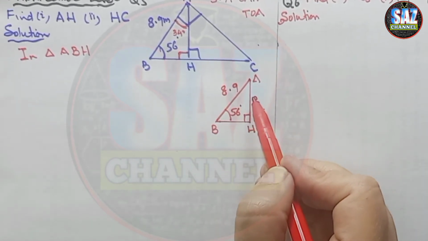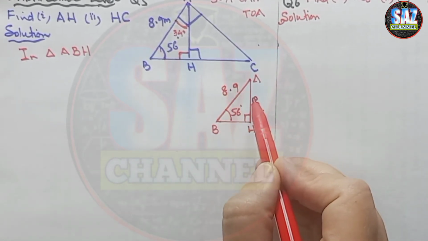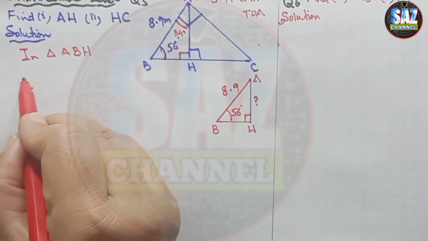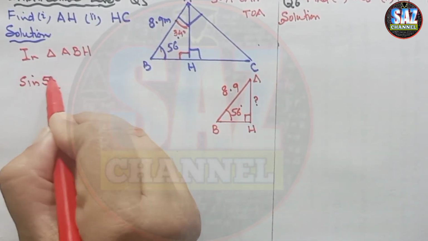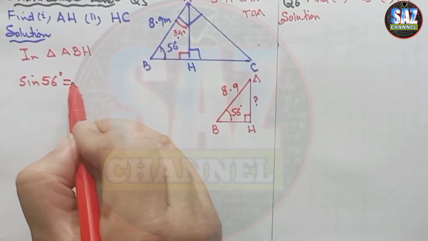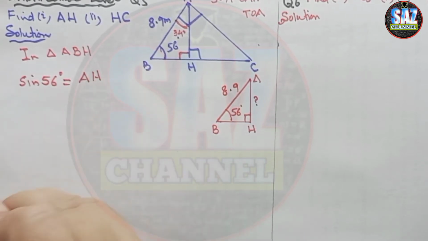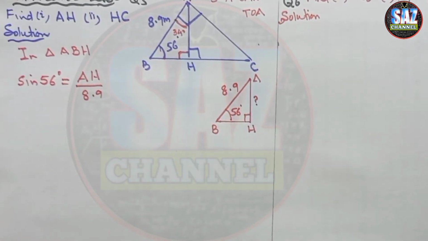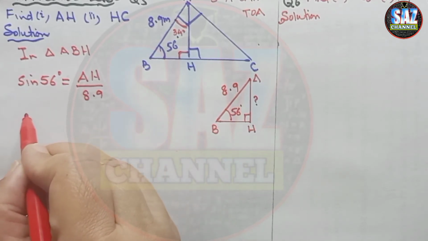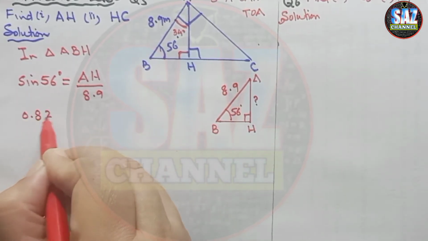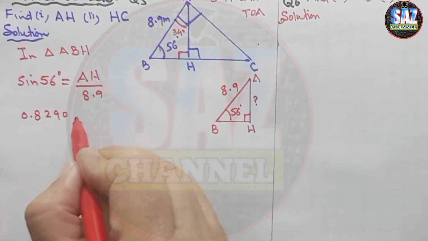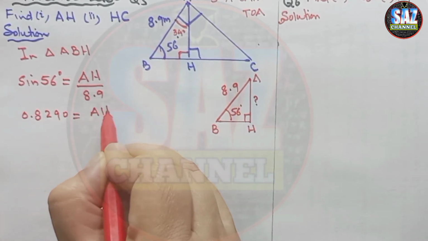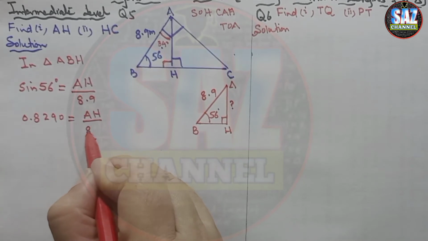Now see, opposite upon hypotenuse. So sine 56 degrees equals AH, which is the requirement, upon 8.9. Now what you have to do is find the value of sine 56 degrees, that is 0.8290, equals AH upon 8.9.